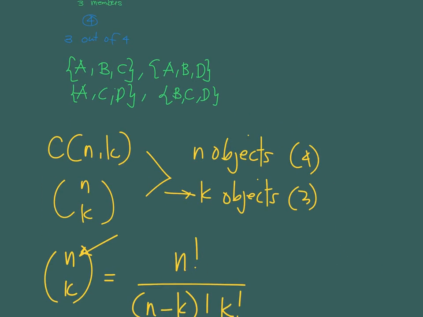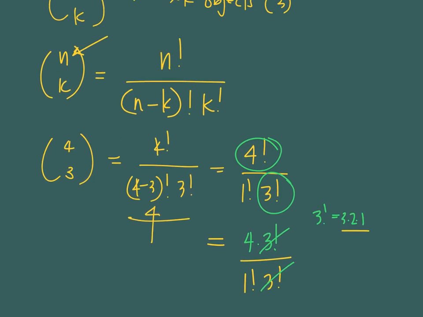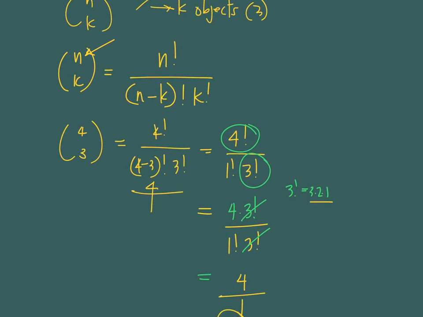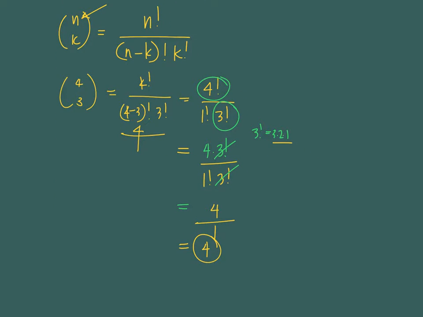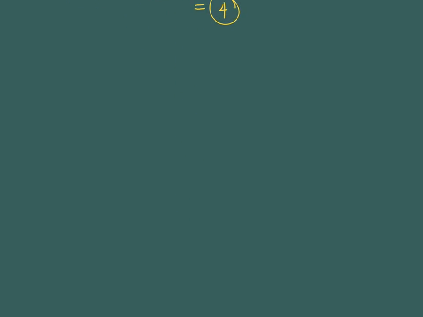So to make it more systematic, we use a formula, n choose k, which is n factorial over n minus k factorial times k factorial, to get the exact number of combinations. Okay, so let's apply this to one more example to understand how this can be used in solving problems. Let's change it a bit.